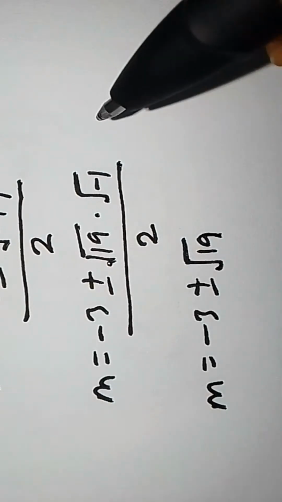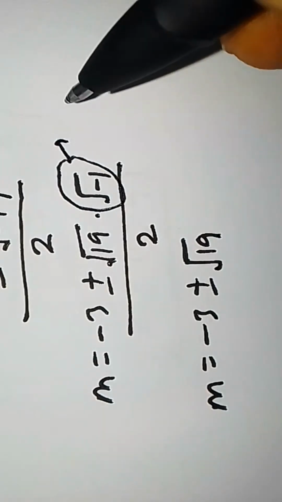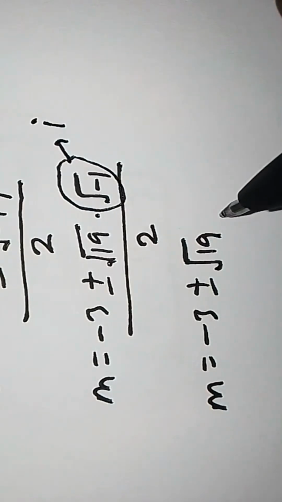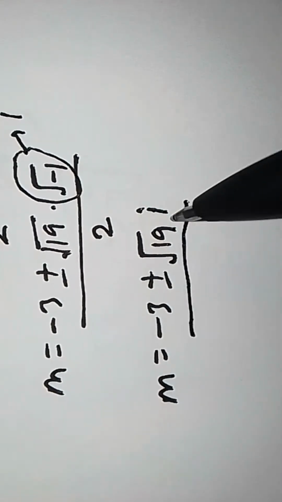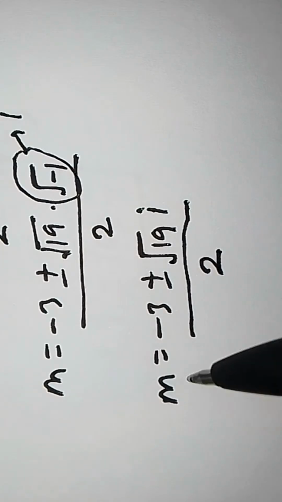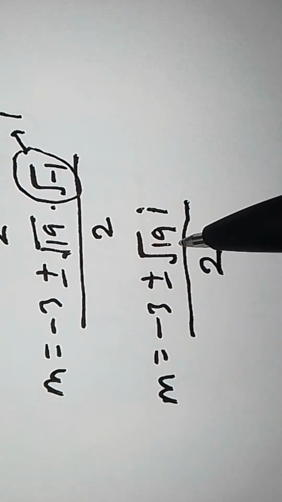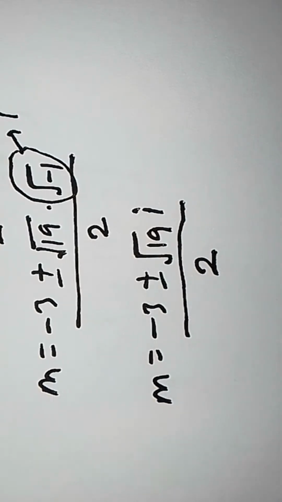Don't forget, square root of negative 1 from the complex number is i. So we have i here, divided by 2. You will see that m equals minus 3 plus or minus square root of 19 i, divided by 2, is a complex solution.